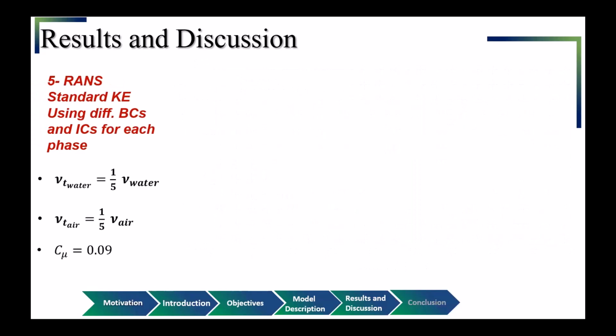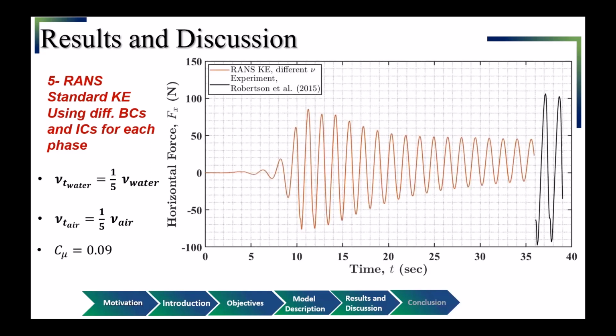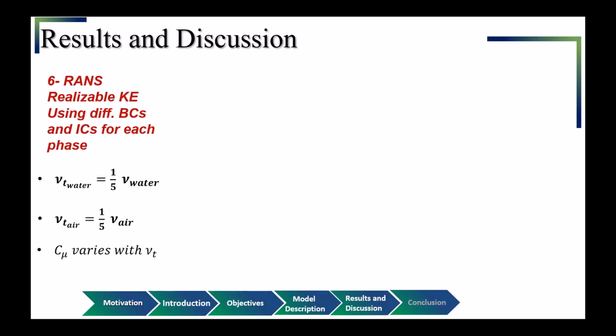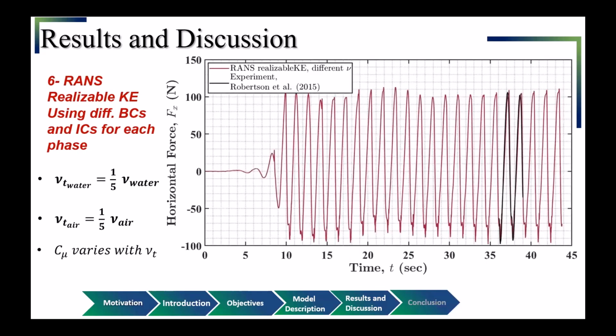Then we repeated the simulations using different nu T for each phase. Starting with standard k-epsilon, we found that the results were enhanced a little bit compared to using single nu T for both fluids, but still diffusive. Investigating the realizable k-epsilon with different nu T, we got wonderful accuracy to capture the forces on the cylinder, with just the difference of using a different nu T for each phase separately.